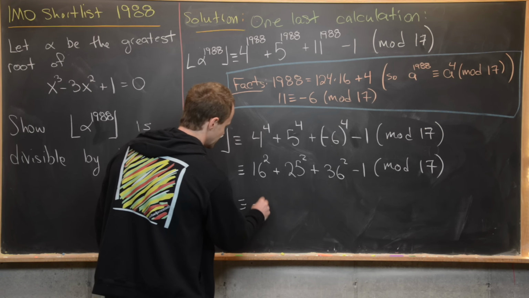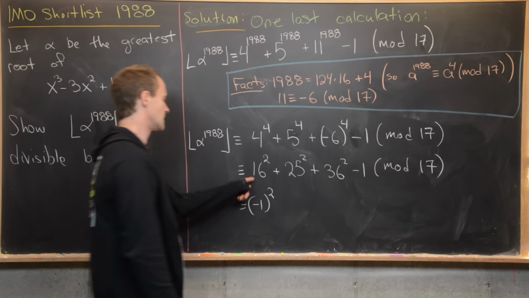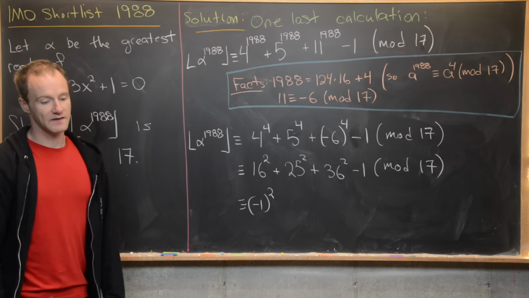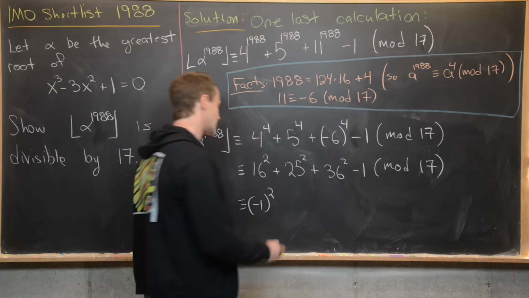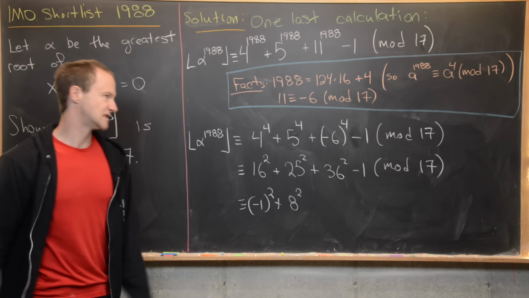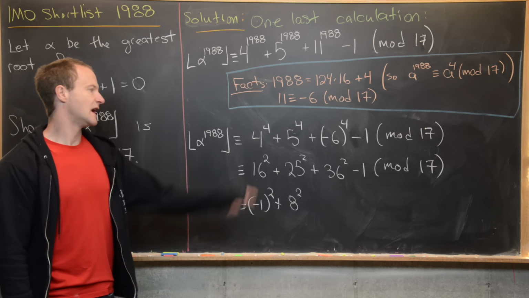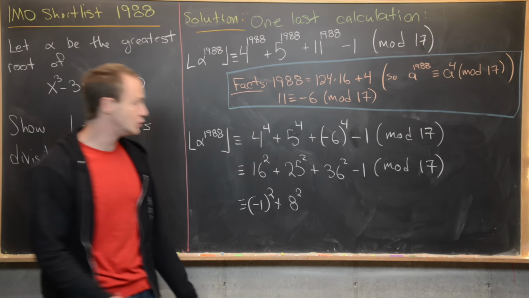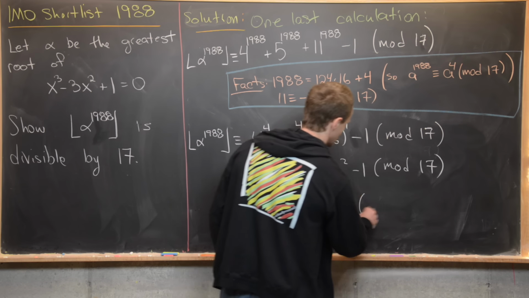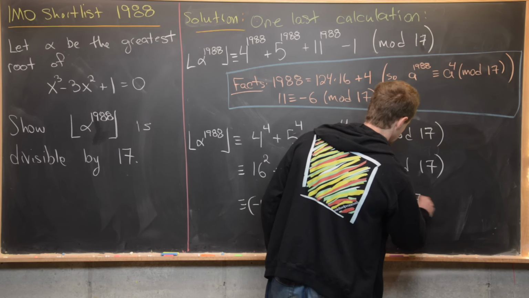That's going to be equal to -1 squared, because 16 is -1 mod 17. And then 25, well, that's equal to 8 mod 17. That's because it's 8 more than 17. And then 36 is 2 mod 17. So here we have 2 squared minus 1 mod 17.